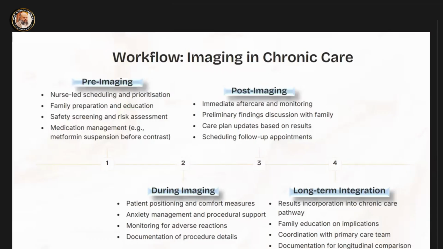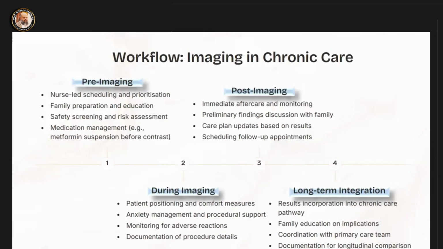So we have to avoid such drugs which can interact with the contrast, especially with CT and MR. So these are the requirements for pre-imaging.